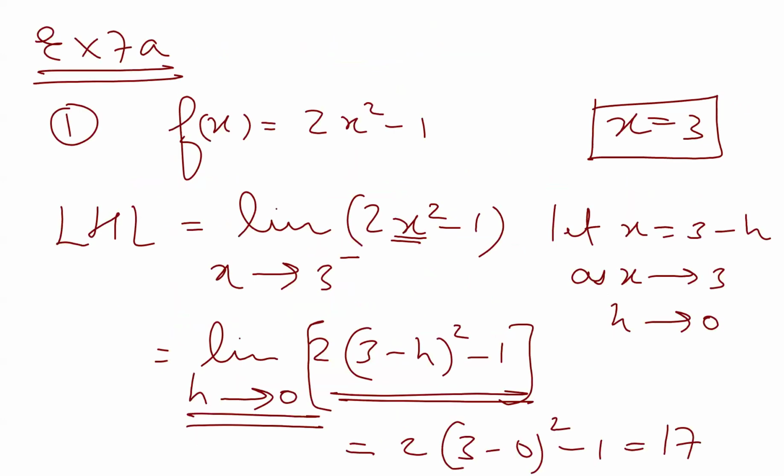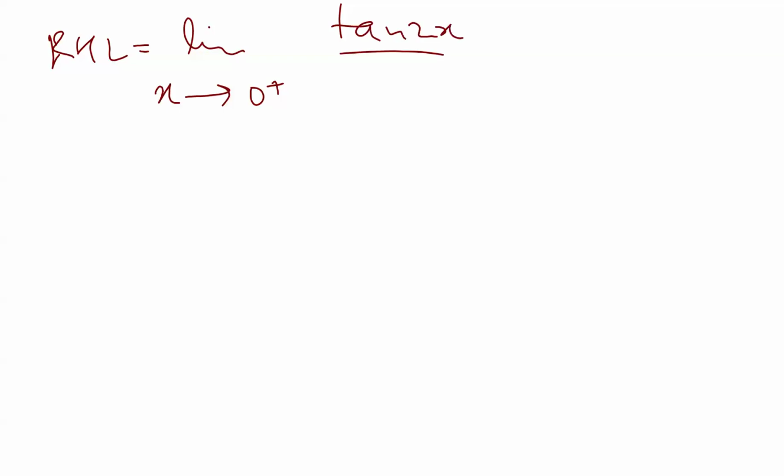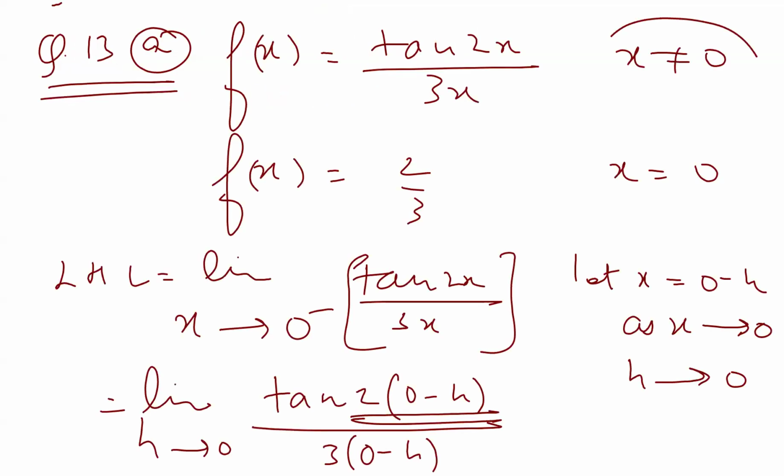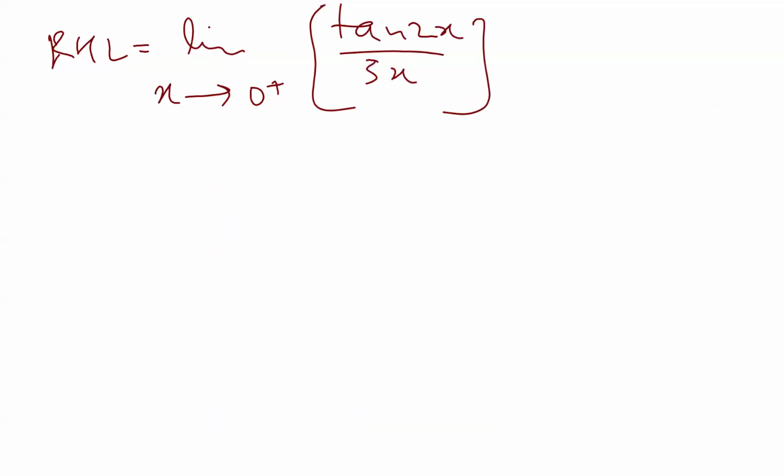Okay. So the right hand side, RHL, limit x approaching 0 plus. The function remains the same, tan 2x upon 3x. Now why the function remains the same is because when I say x is not equal to 0, it can be greater than or less than 0, but exactly it cannot be equal to 0. Okay.